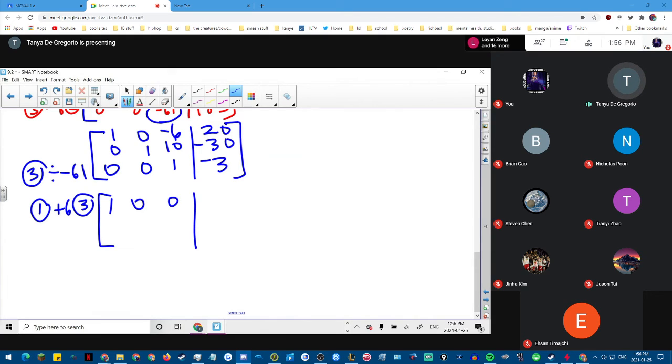And what's my last coordinate? 2. Good. Excellent. Okay. And then my second row, I have to make that 10 a 0. So again, I'm going to work with the third row, right? I'm going to do row 2, take away 10 times row 3. And so I'm going to get 0, 1, 0.